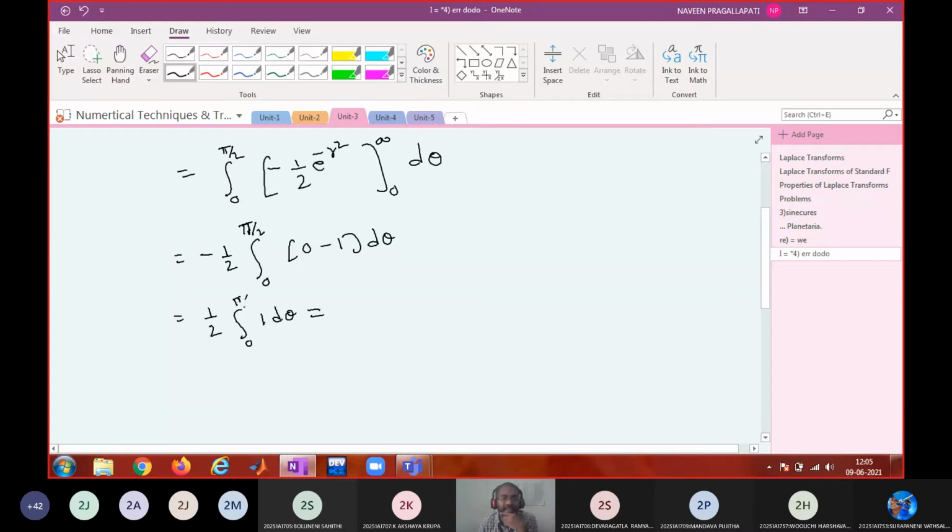Integration of 1 is theta, so 1 by 2 times theta from 0 to pi by 2. Upper limit is pi by 2, lower limit is 0. So the answer is pi by 2.